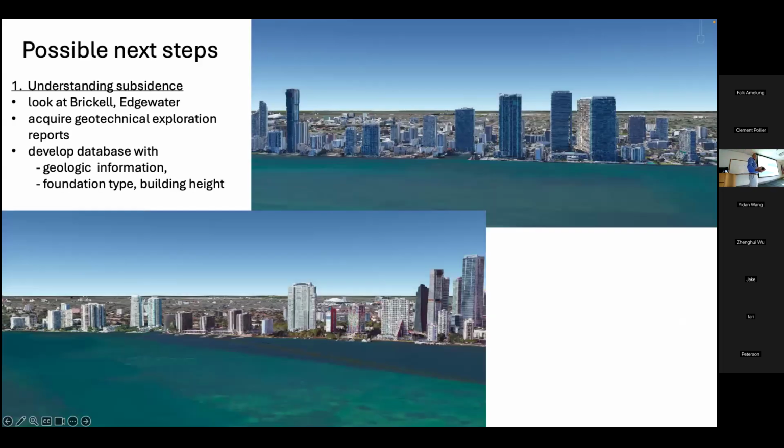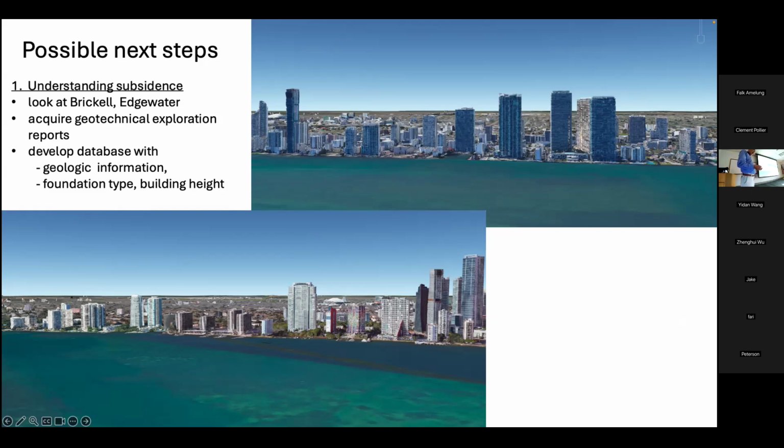So what next? We have to understand the subsidence, and it's actually pretty obvious what we need to do. We haven't done it yet. We should look at Edgewater. If we don't see anything over there, only really at the coast, that gives some indications about the mechanism.